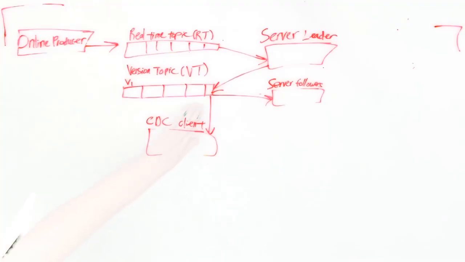When that event is consumed from the version topic, the client is essentially polling. CDC is essentially a wrapper built on top of a DaVinci client.